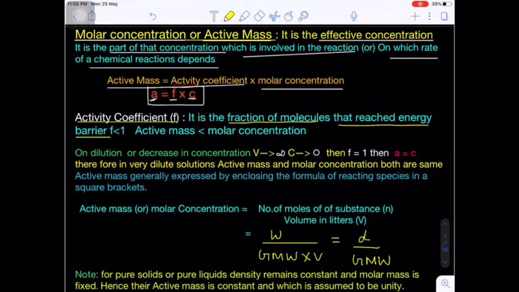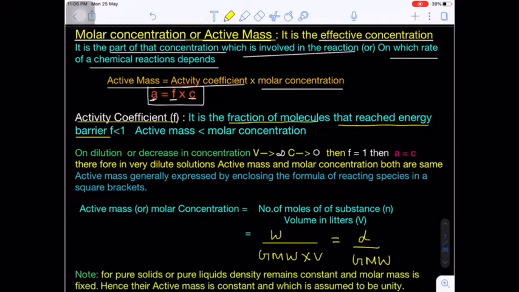Let's suppose we have 100 molecules. In the reaction, these molecules try to collide with each other to increase their kinetic energy. If the molecules cross the energy barrier, the reaction barrier, they are definitely converted into products.